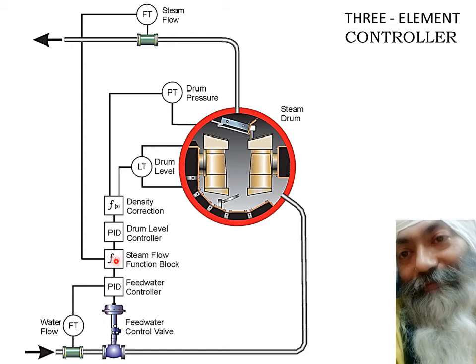Therefore it will not allow this PID controller to reduce the flow on account of swelling. This is what we wanted. We never wanted the feed water controller to reduce the flow thinking that the level has gone up. It has identified the cause for this is actually swelling.